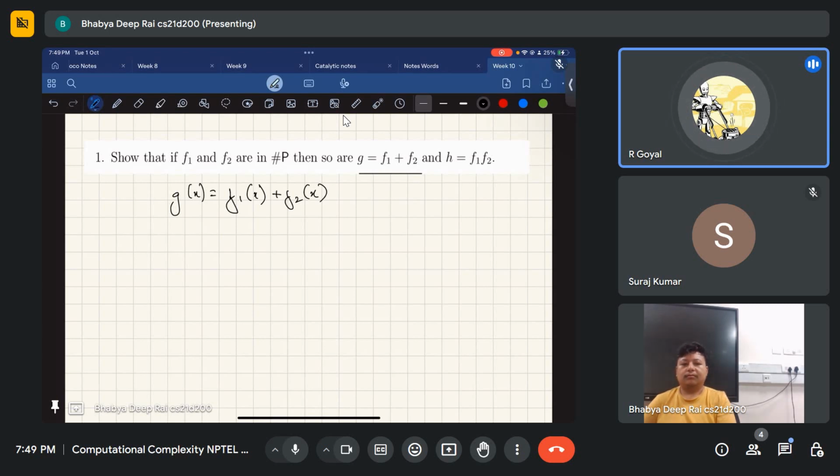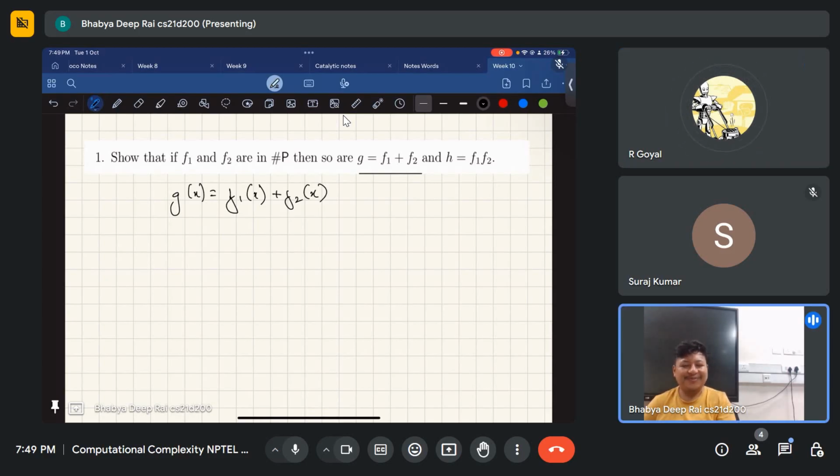So what could be the meaning of g of x equal to f1 of x plus f2 of x? Whereas in the case of multiplication, you are still generating a new problem, right? But how do you do this using a Sharp-P algorithm? How do you make sure that the number of accepting paths is the sum of f1 and f2?